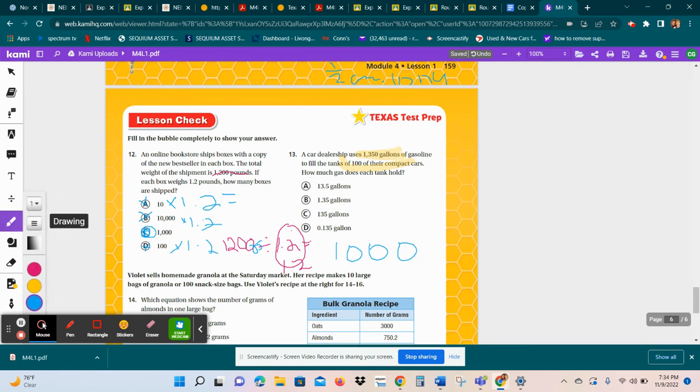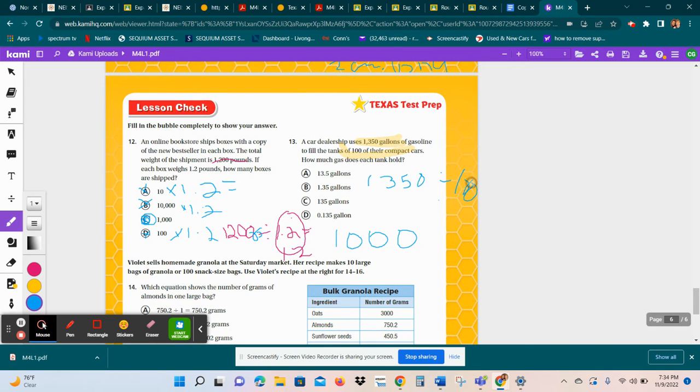So here I have 1,350 divided by 100. How many zeros do I have? 2. So I'm going to rewrite this and erase this out so that I have more room. I have 2 zeros, so I'm going to switch colors and underline my 2 zeros.